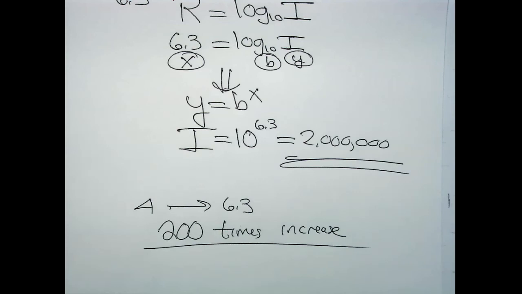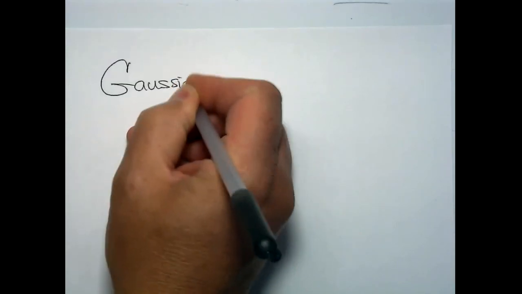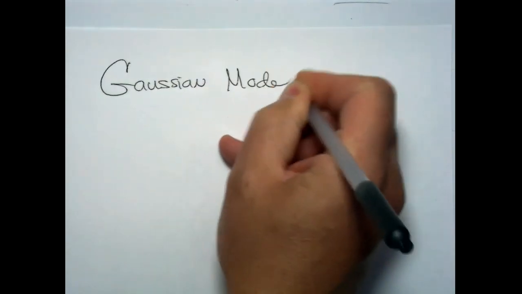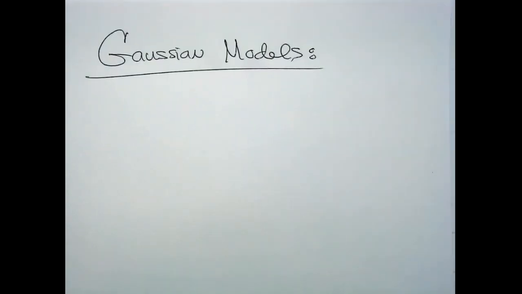Now, the last thing I'm going to leave you with is I'm going to talk about Gaussian models. Gaussian models are a little more complicated. They are based on exponentials, but a Gaussian model looks like this. They're a little tougher to deal with because of the model.